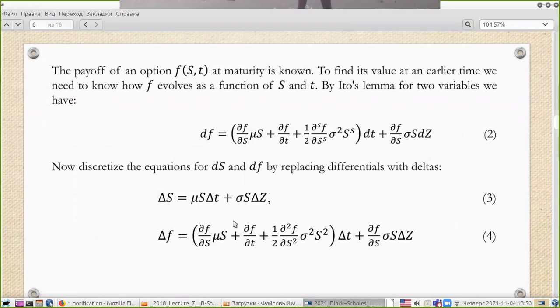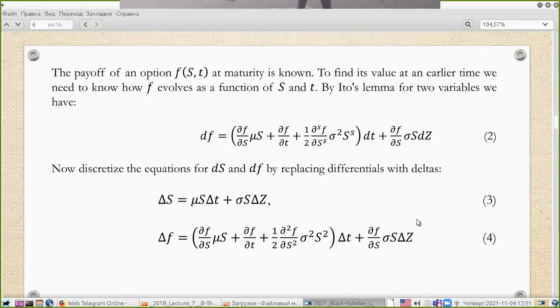And formula 2 we rewrite similarly: instead of df we write delta f, and we replace dt with delta t and dz with delta z. Yes, you see, it's easy.